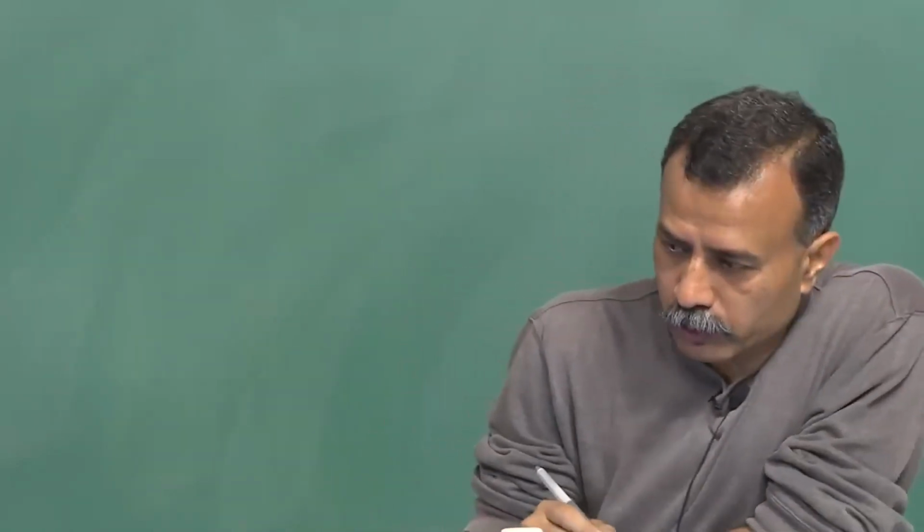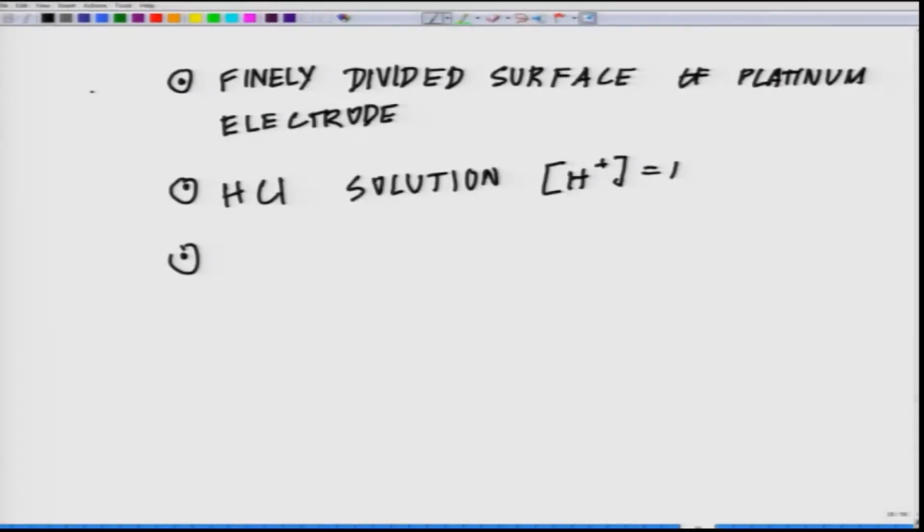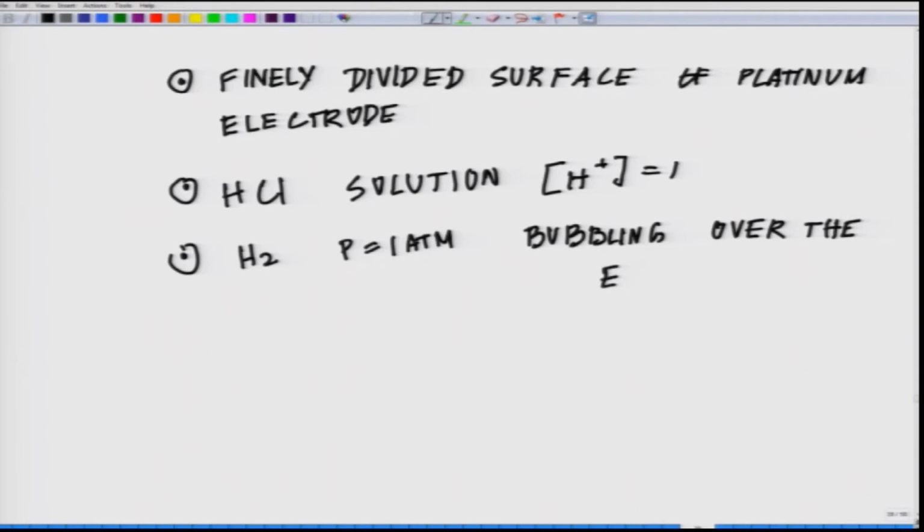The third point is that hydrogen at a pressure of 1 atmosphere is bubbling over the electrode.